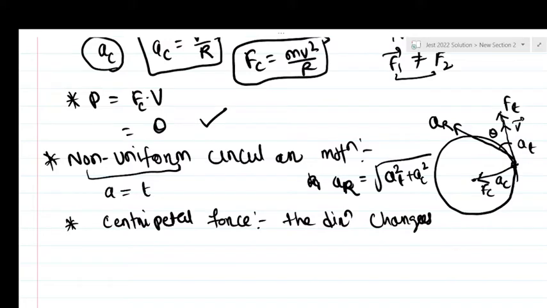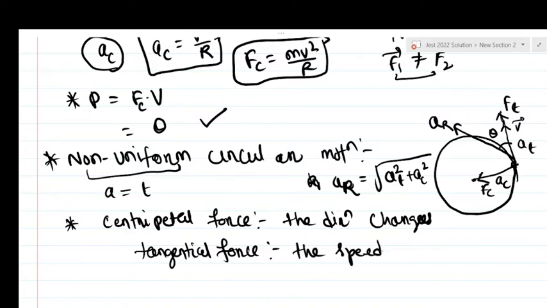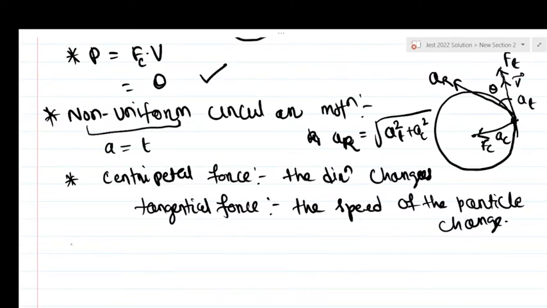But due to the tangential force, the speed of the particle changes, and this is the case of non-uniform circular motion.